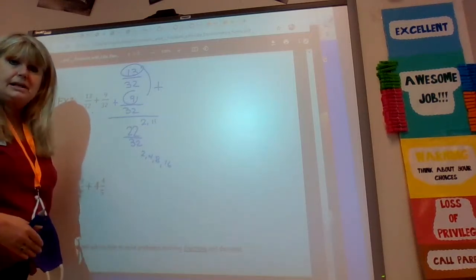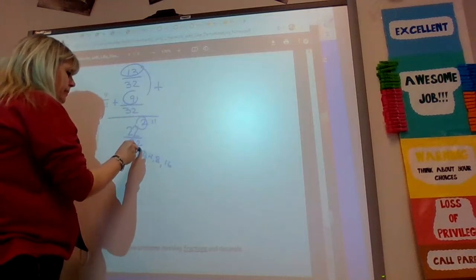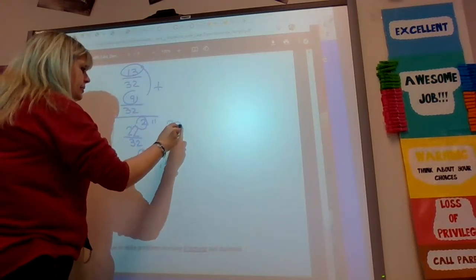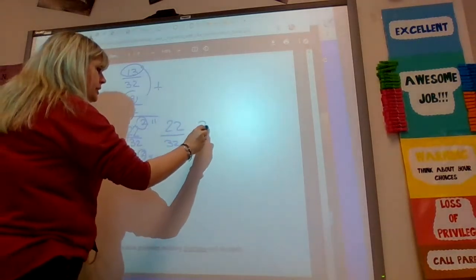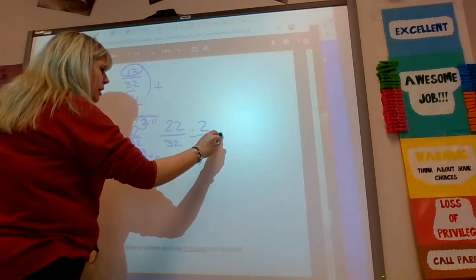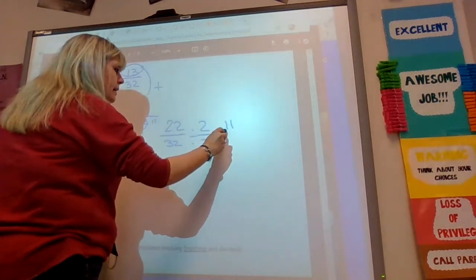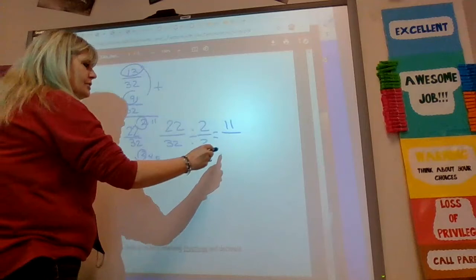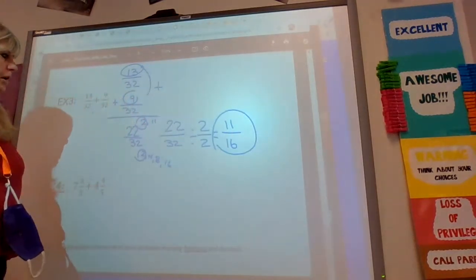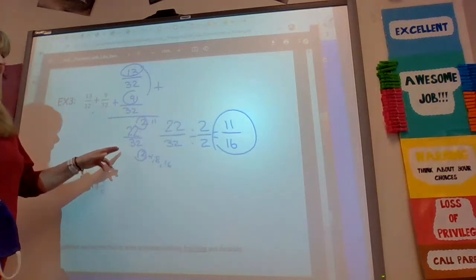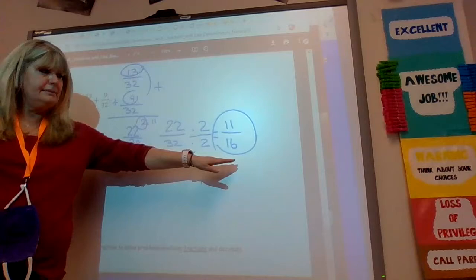Well, the largest number that they both share is 2. So 22/32 divided by 2 in the numerator, 2 in the denominator. 22 divided by 2 is 11, and 32 divided by 2 is 16. So in simplest form, 22/32 is equivalent to 11/16.